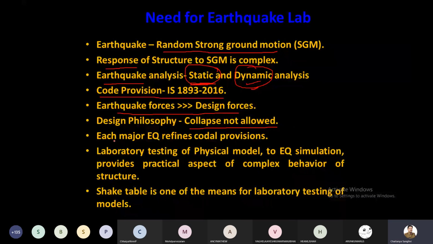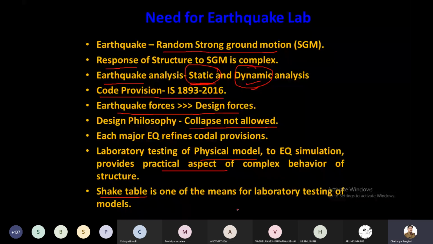So laboratory testing of a physical model under earthquake simulation provides a practical aspect to the complex behavior of the structure. So this setup will help us understand the behavior of structures, and how to shake the structures. So for that you need a shake table, right? Shake table.